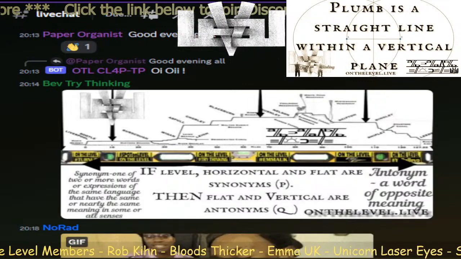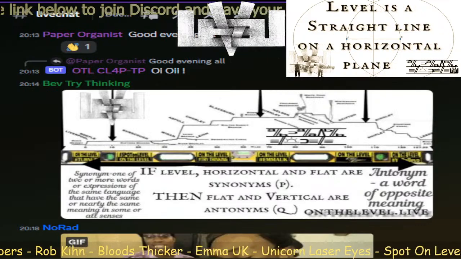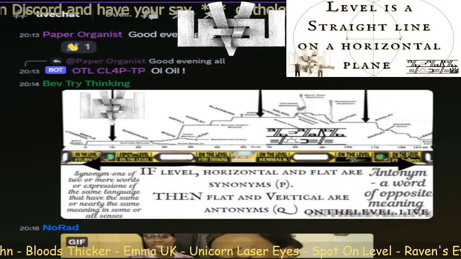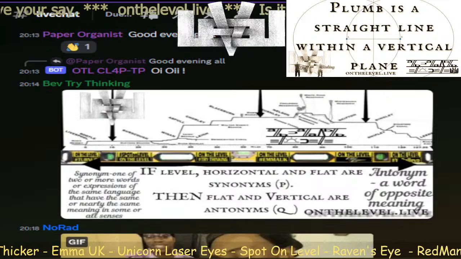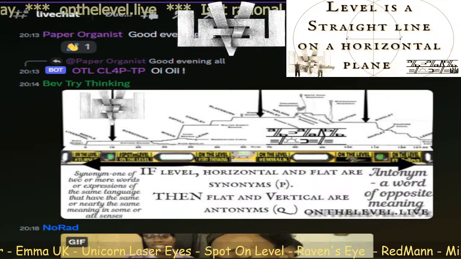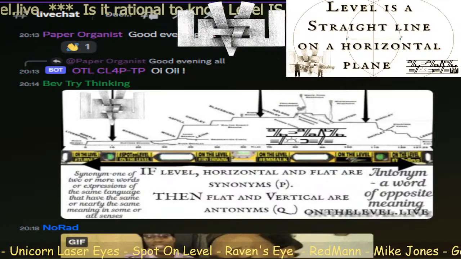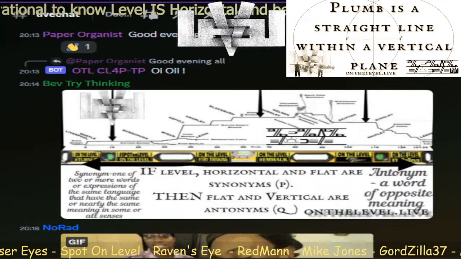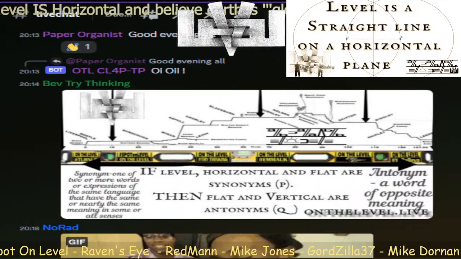And say there's a problem with your P statement. Yes, you have to deny Q. So if you deny Q, you cannot say that flat and vertical are antonyms, because they are not, of course. Flat and vertical are not antonyms. In fact, this is reality.